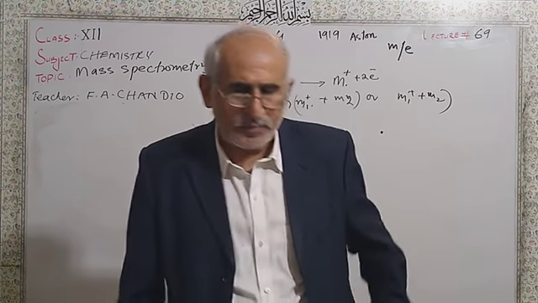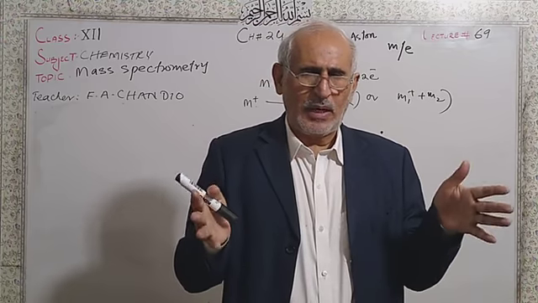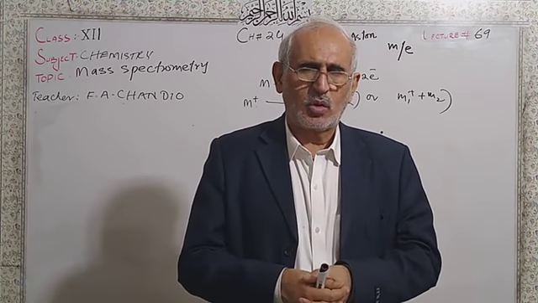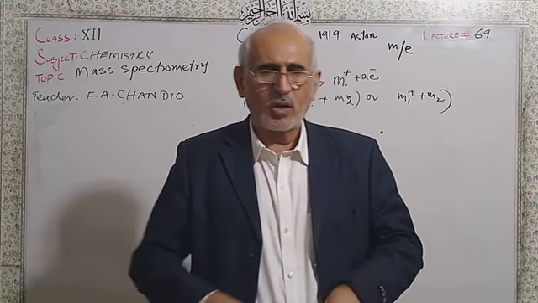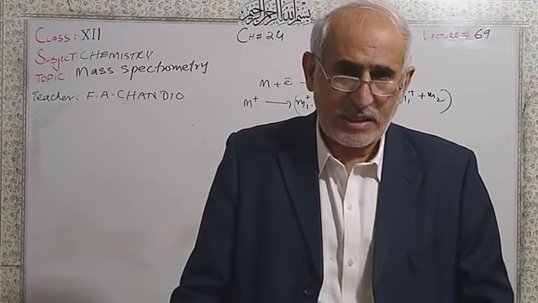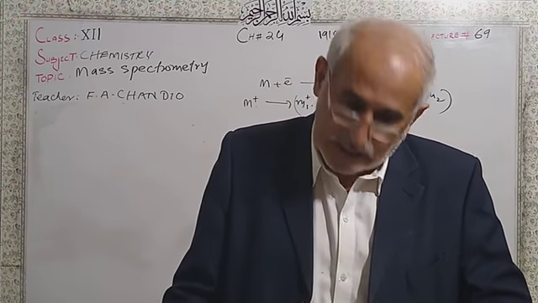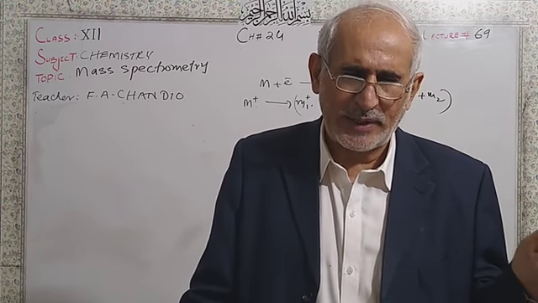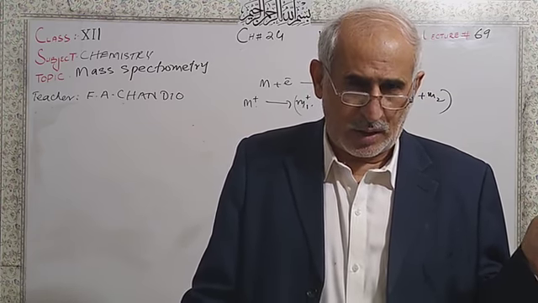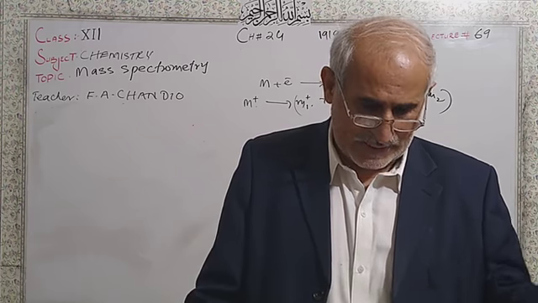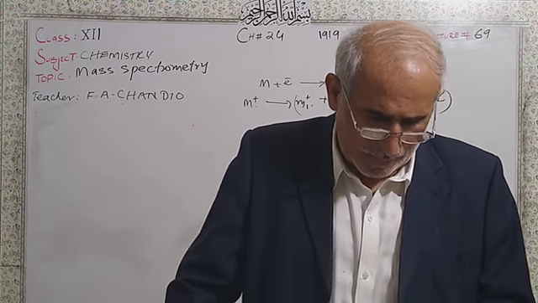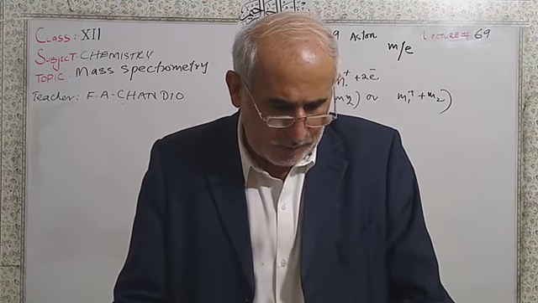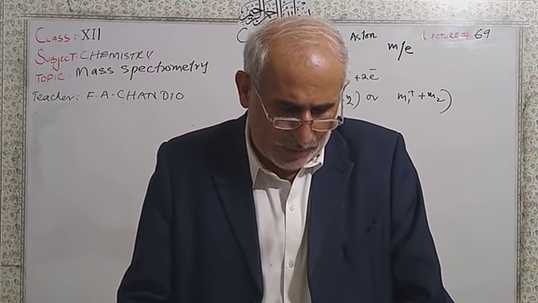Dear students, there is a simple example for you to understand how the mass spectrometer works. What is the basic idea, according to a simple example from daily life? The basic idea of the mass spectrometer can be demonstrated using an apparatus.